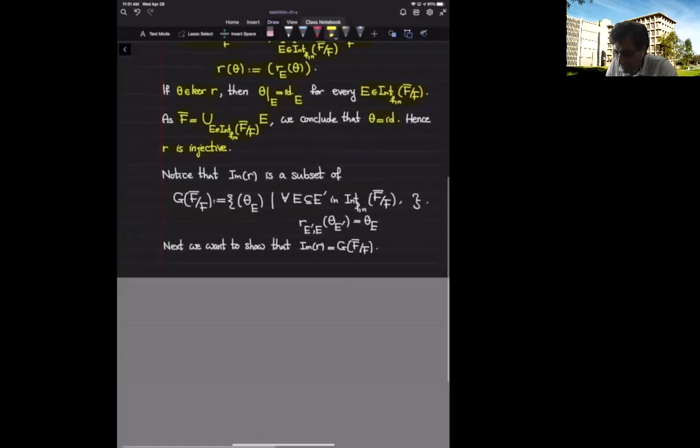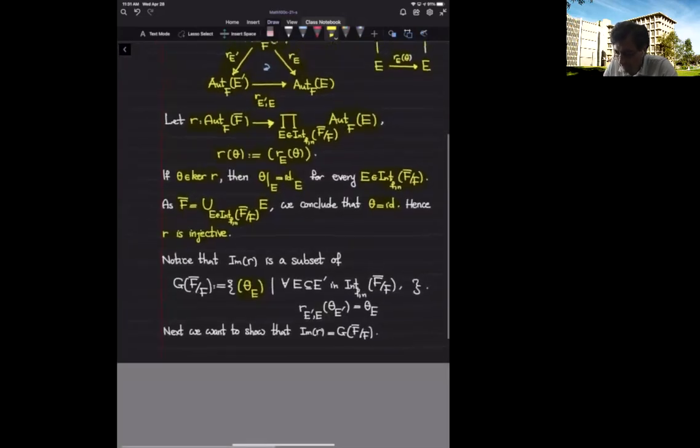So consider those theta sub E's. You see, I'm working with the product. I want to understand the image. So I'm working inside this direct product of these finite groups.